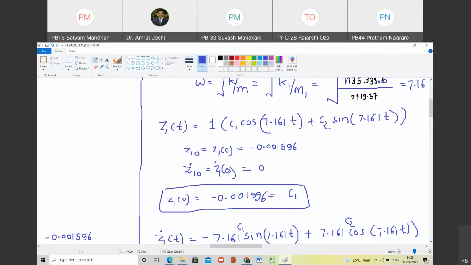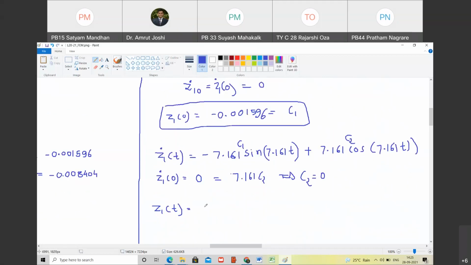Z1 of t is going to be equal to C1. What is the value of C1? Minus 0.001596 times cos of 7.161 t. Happy?